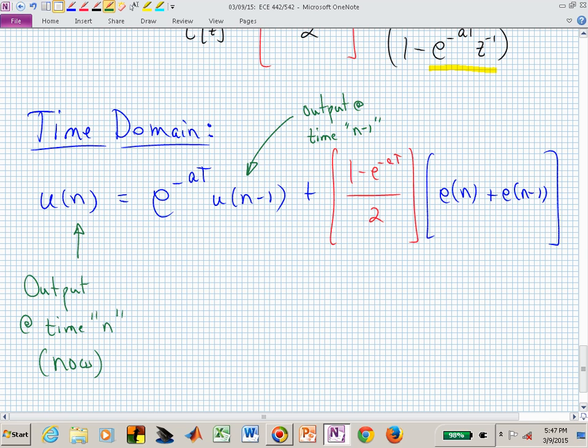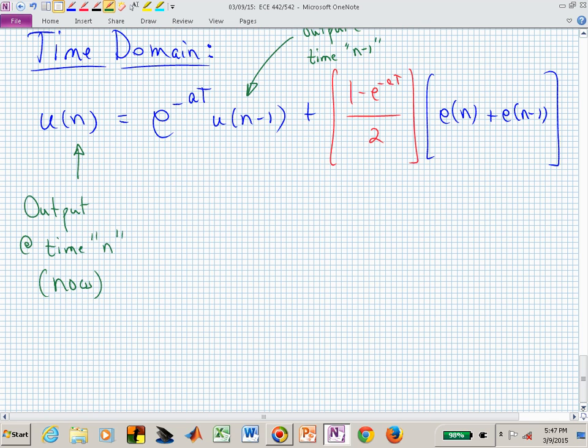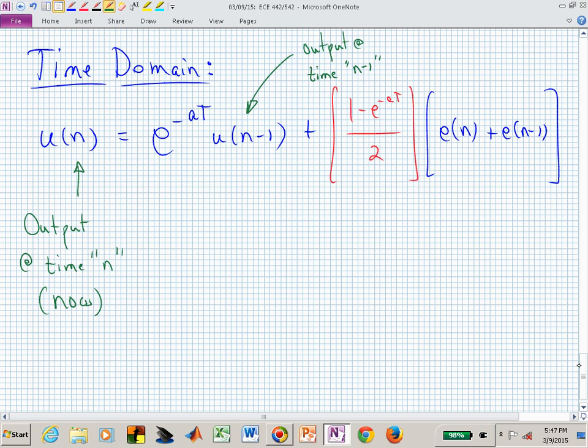And the two inputs in the blue bracketed term: here is our input at time n, which is now, and this is our input at time little n minus 1.